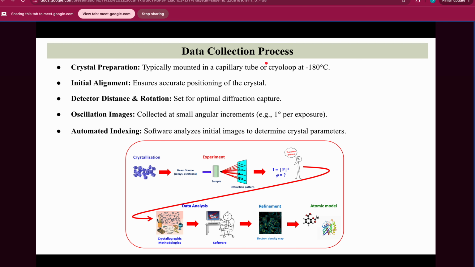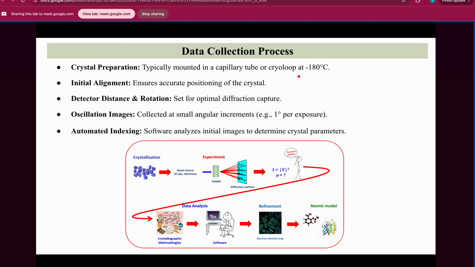And then comes the data collection process. First of all, we start with crystal preparation and then initial alignment. Alignment here means how you are aligning the crystal on the goniometer. If that alignment is proper such that the X-rays can pass through the center of the crystal, then it is better. Using the cryo loop, you pick up the crystal and align it on the goniometer tip.